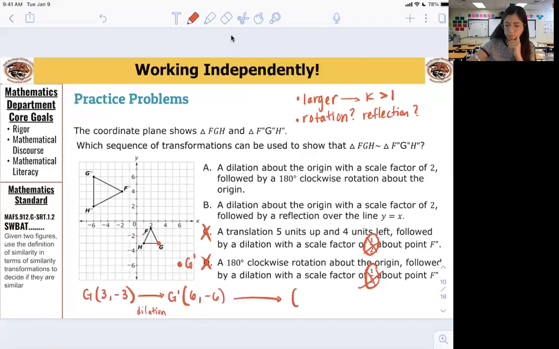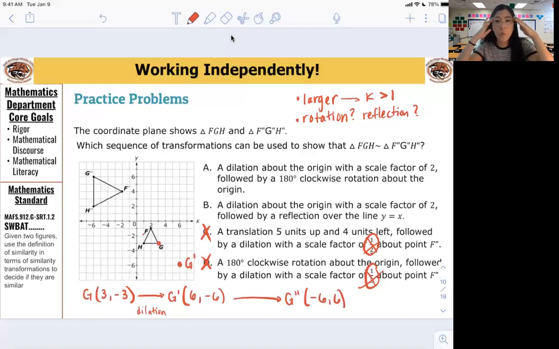Sorry. Tell me the coordinate point, because it's already there, so we can just look at it. -6, 6. Okay, so that's where it ended up.